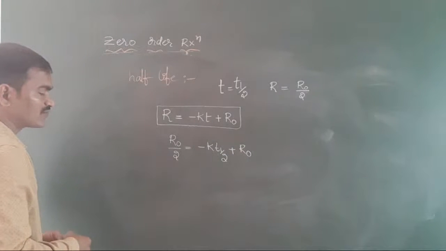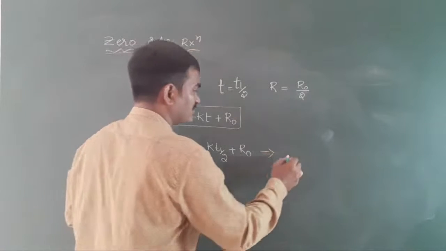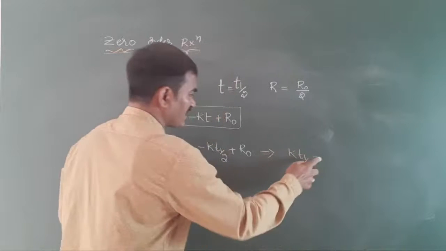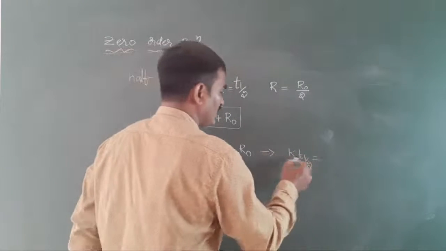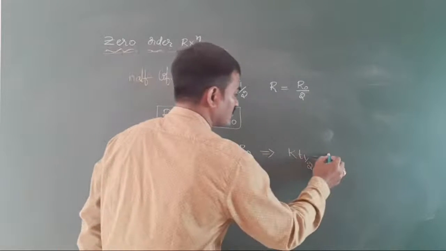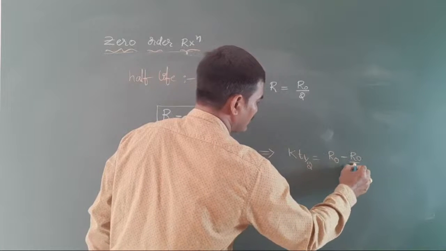Now just see this simple calculation. So KT half is equal to, it goes to that side, R naught minus R naught by 2.